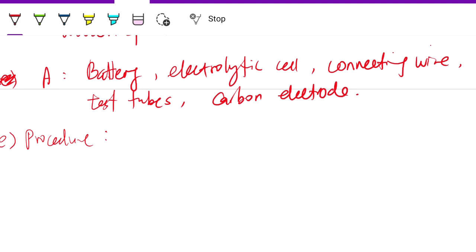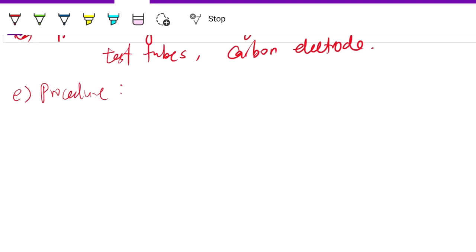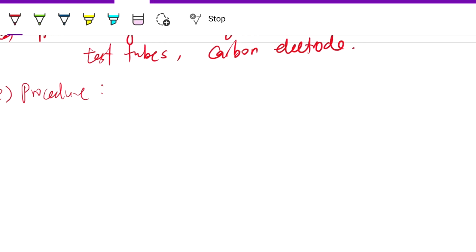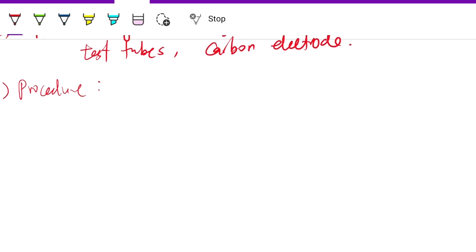Okay, so we have to explain in detail one by one how to conduct this experiment. Don't write "the apparatus is set up as shown in the diagrams", because like this you will lose a lot of marks.